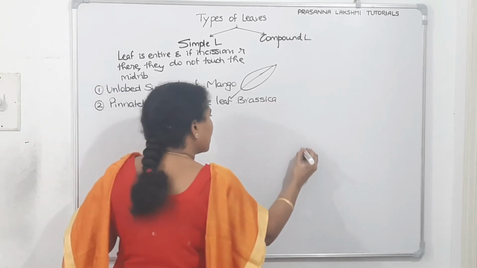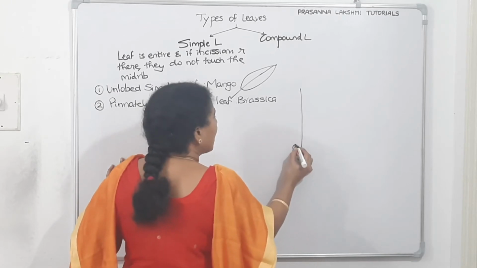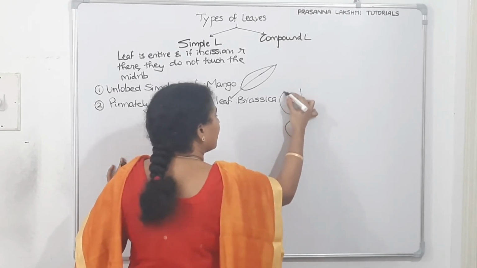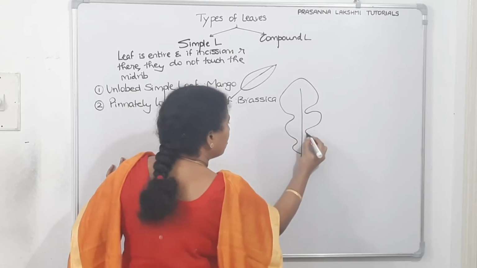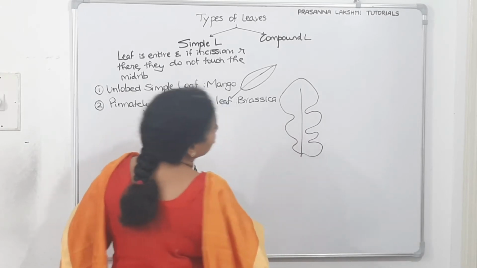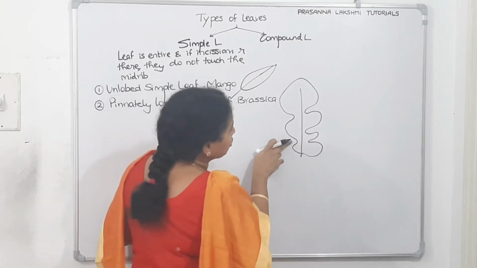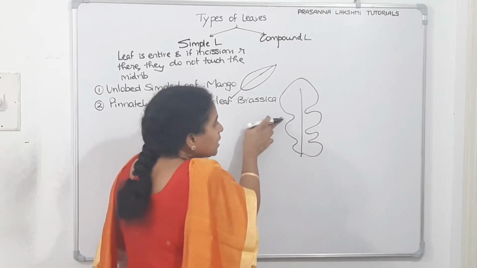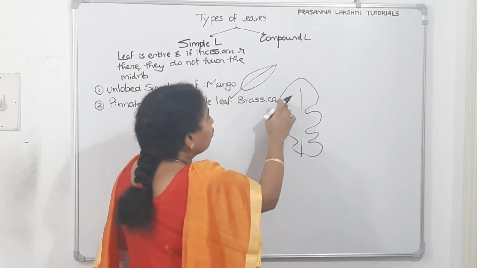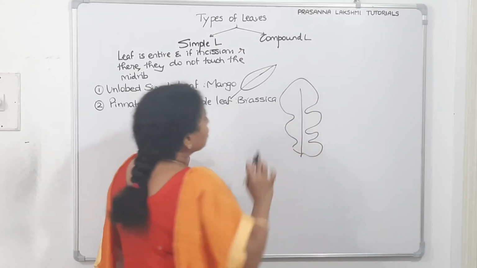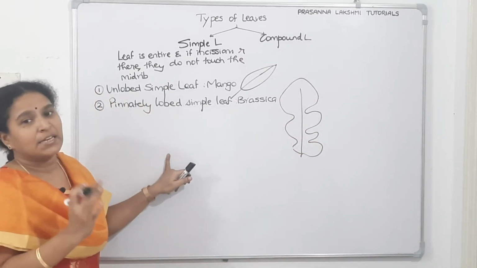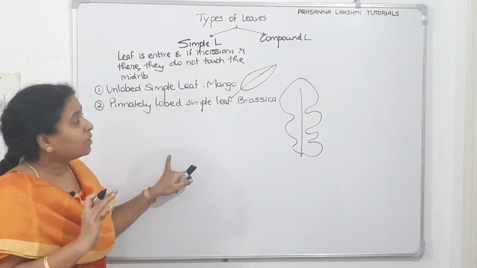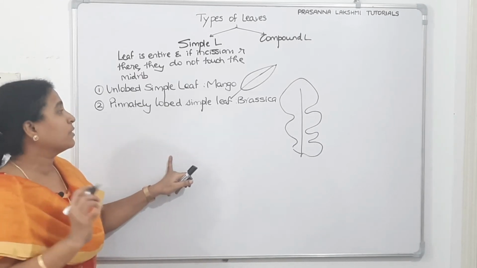In brassica leaf, lobes are there, but the lobes are not touching the midrib. Now see, this is an incision, here and here. These are incisions, but these incisions are not touching here. Lobes are there on either sides, and the lobes are not touching the midrib. Then that is called pinnately lobed simple leaf.